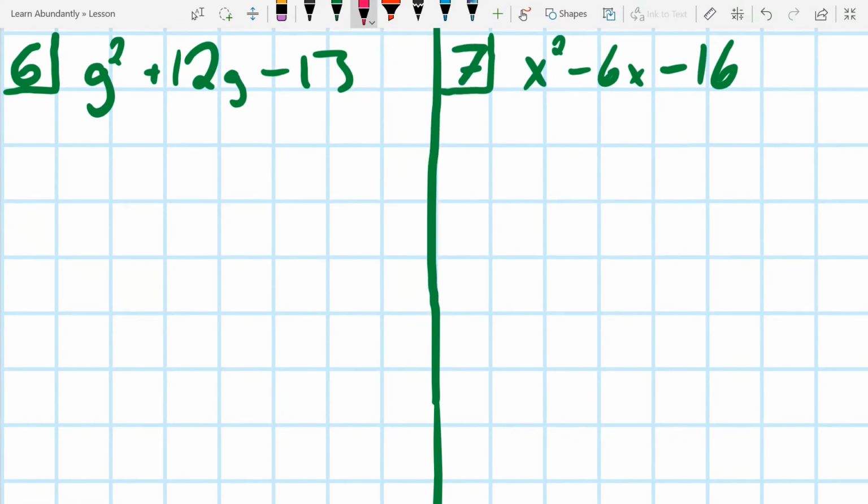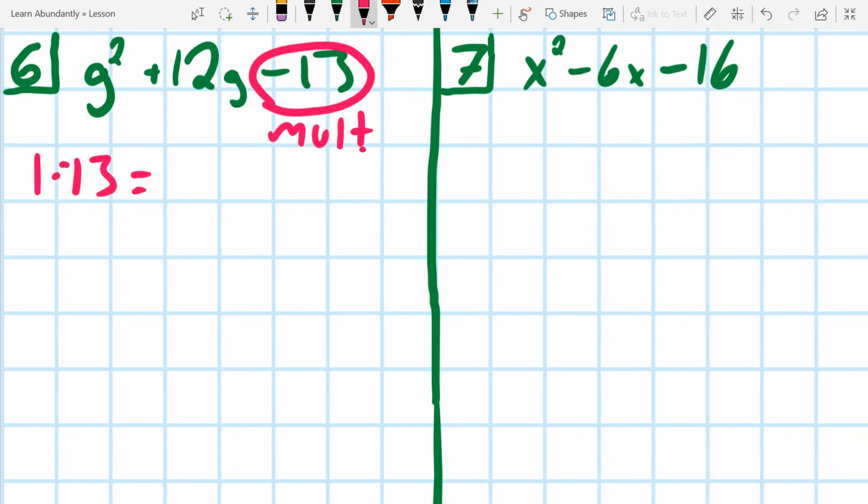So when we do the minus 13, we notice that we need two numbers that multiply to give us negative 13. Well, I can think of 1 times 13, but that would give me positive 13. So what about 1 times negative 13? That's negative 13. But what about 1 plus negative 13? That's negative 12.